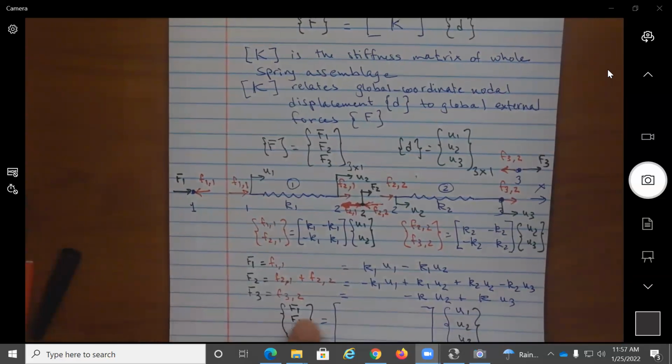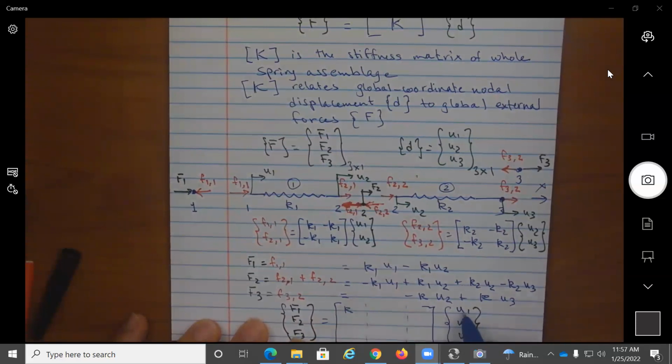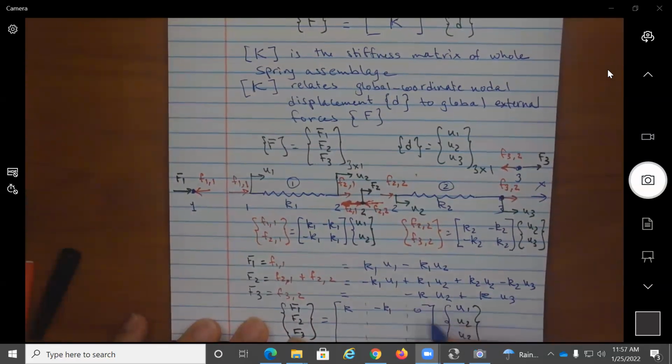Okay. So for the first line, let me just make some columns here. Here I have a K1 U1, and I have a minus K1 U2, and I have a 0 for U3.